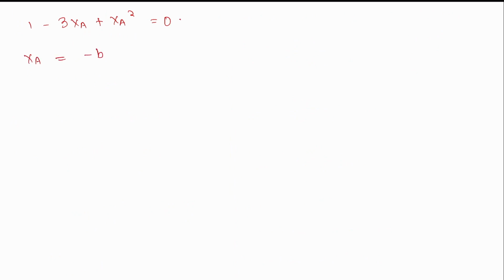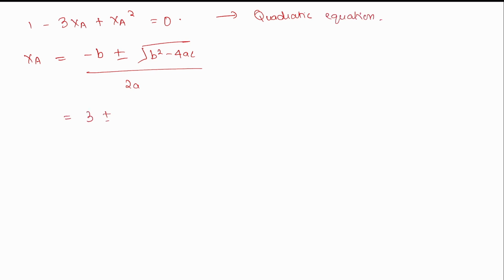We can solve for Xa using minus b plus or minus root of b square minus 4ac by 2a, which is the solution for a quadratic equation. Substituting, we get xa is equal to 3 plus or minus root of 3 square minus 4, by 2, which means 3 plus or minus root of 5 by 2.